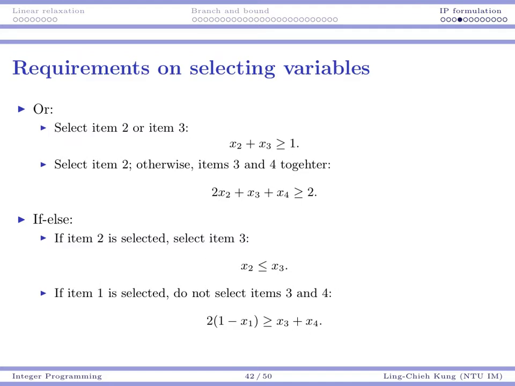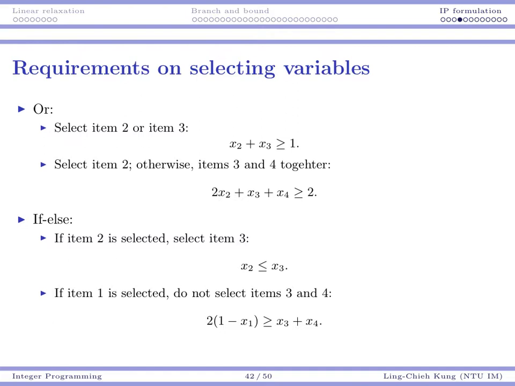Or if item 1 is selected, you cannot select items 3 and 4. Then you do something like this. If x1 is 1, the left hand side becomes 0. You can select nothing among x3 and x4. But if x1 is 0, then there is no restriction for you. If-else can also be done.